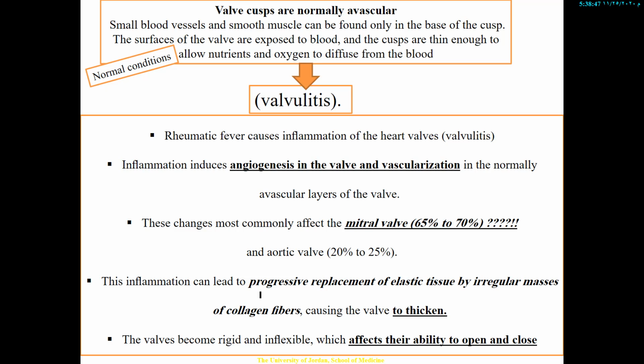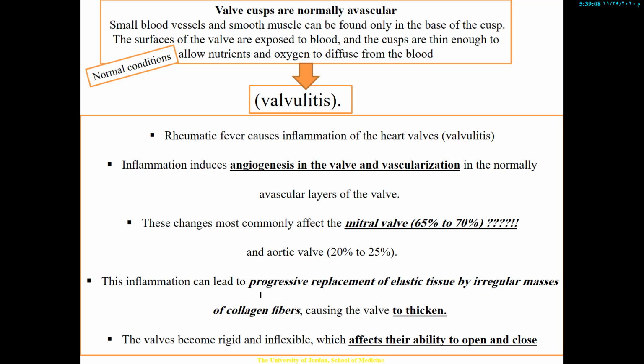sometimes if patients get rheumatic fever, this may cause inflammation of the heart valves, valvulitis. Inflammation induces angiogenesis in the valve and vascularization in the normally avascular layers of the valve.